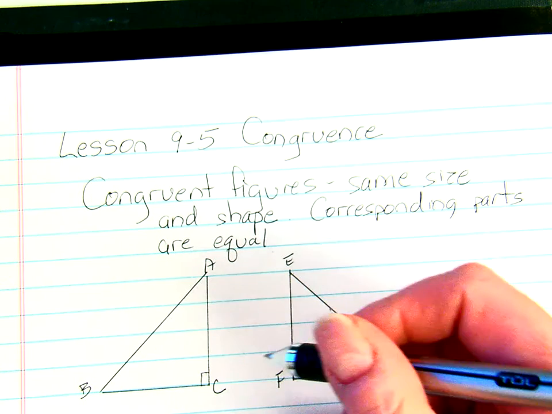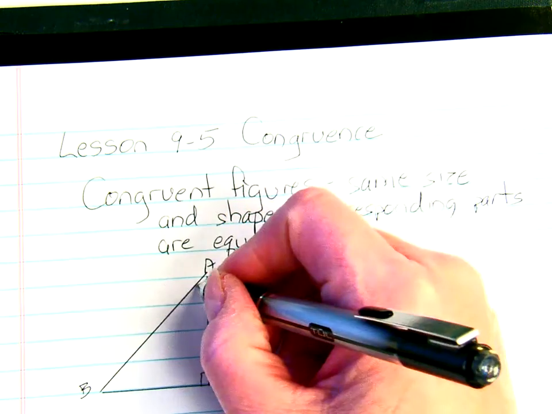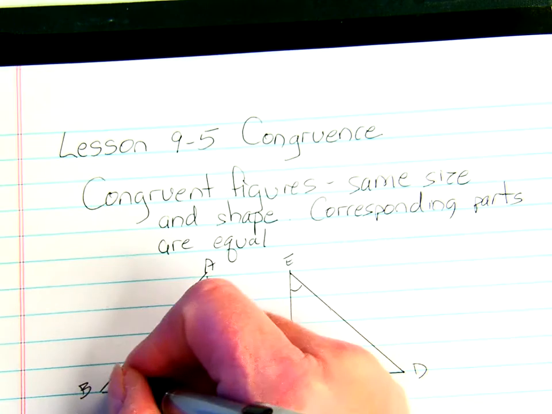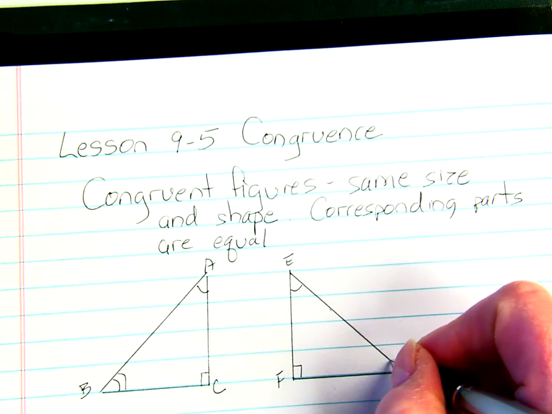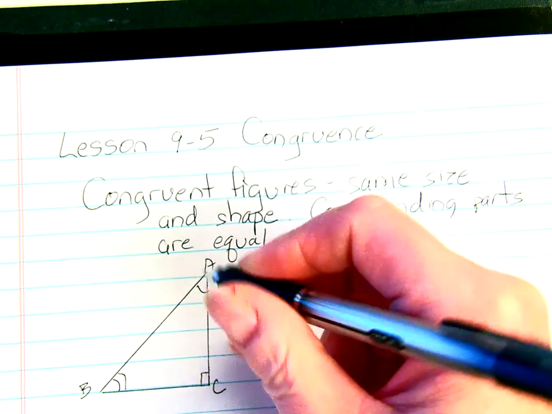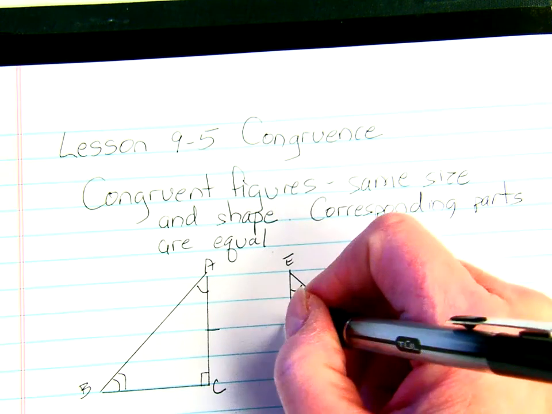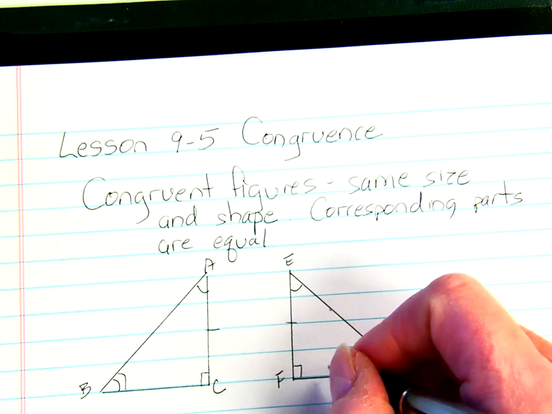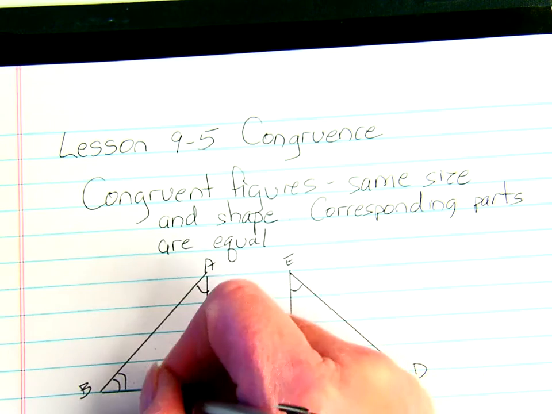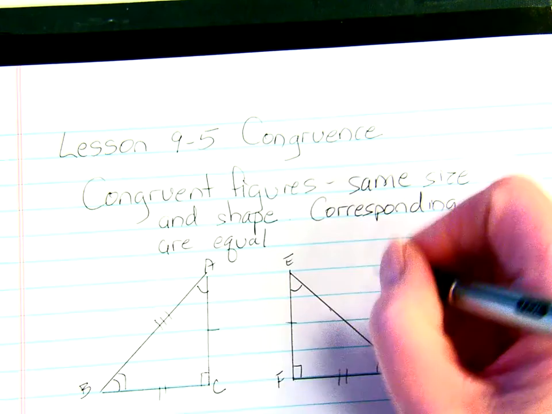Because I have called them right angles, I'm going to make congruencies, and I will be showing these congruencies by my markings. You should be familiar with the markings at this point.